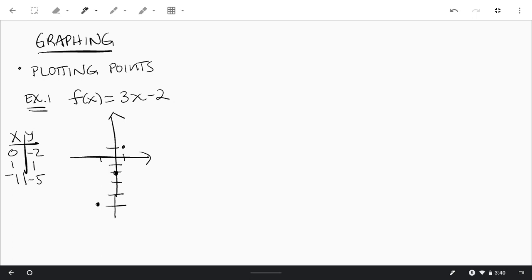Okay. And we get this line. Okay. We're going to do this for a few more graphs because these are going to be important when we do the next section.